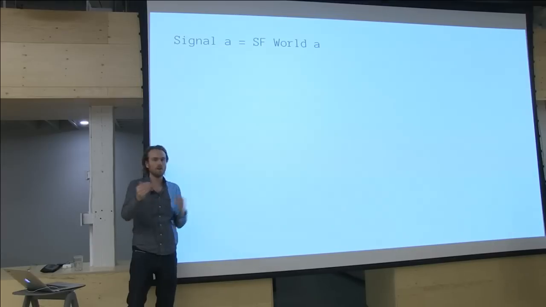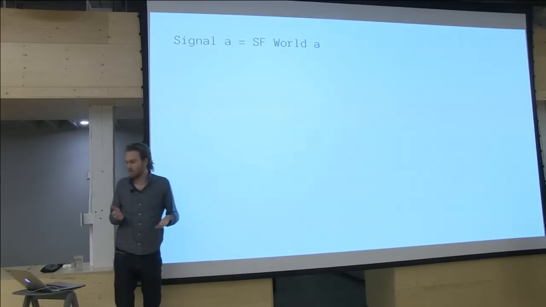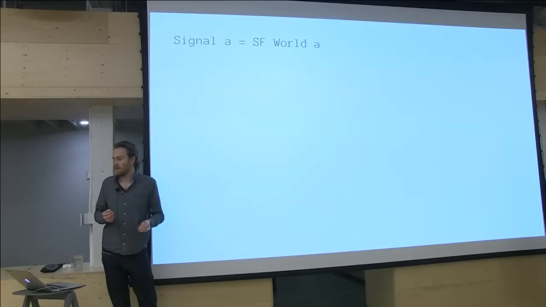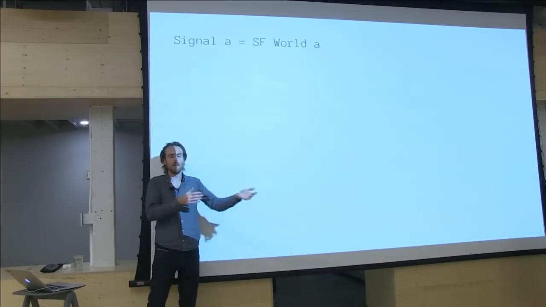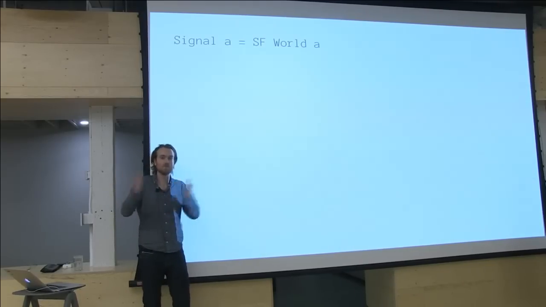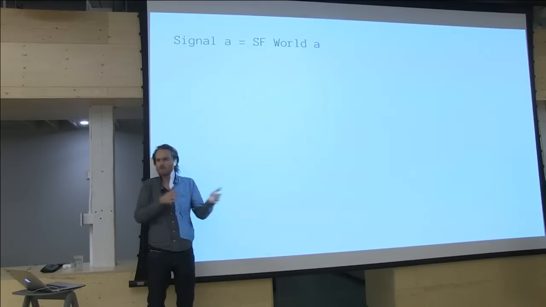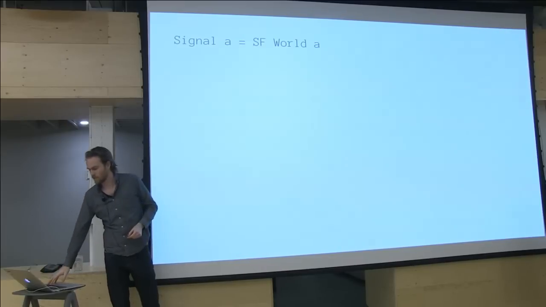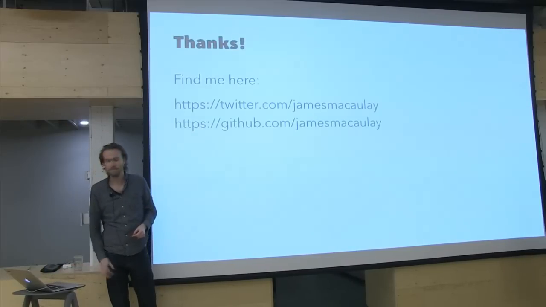That node can hold state like foldp can, but you use a different set of functions to work with it, and it can be nice for some things. You can actually define this embedded system in terms of foldp and vice versa, which is kind of interesting. Okay, that's it.